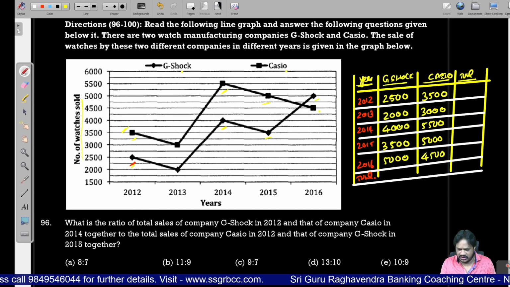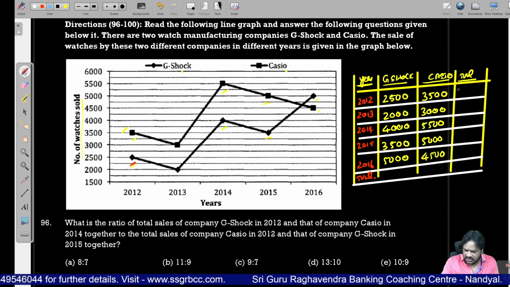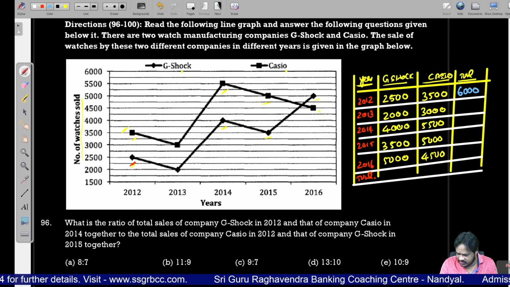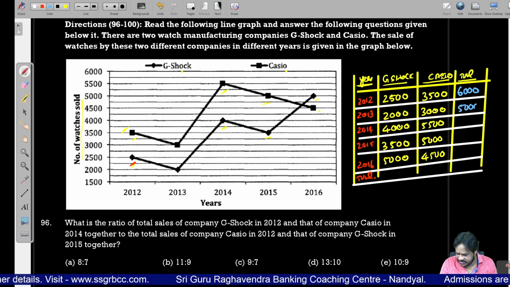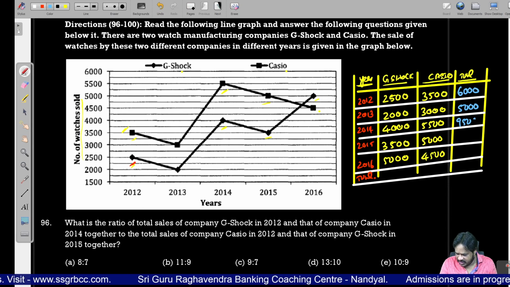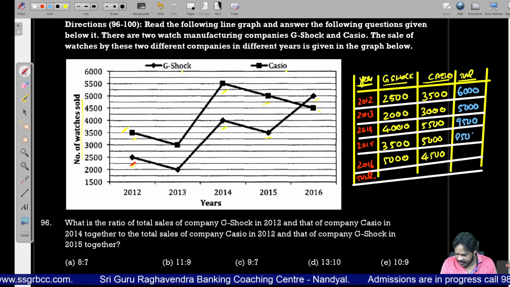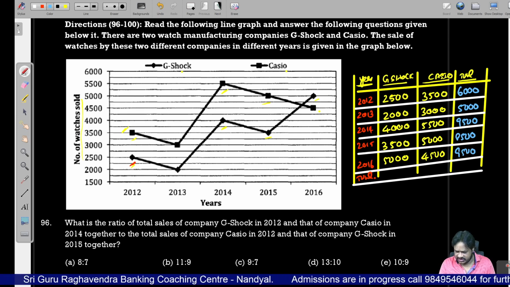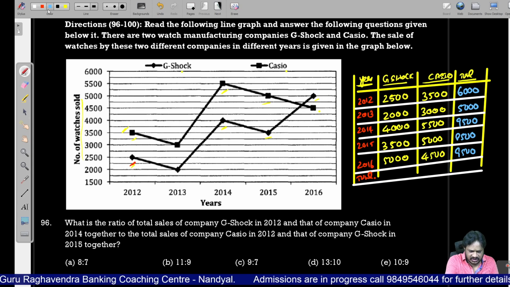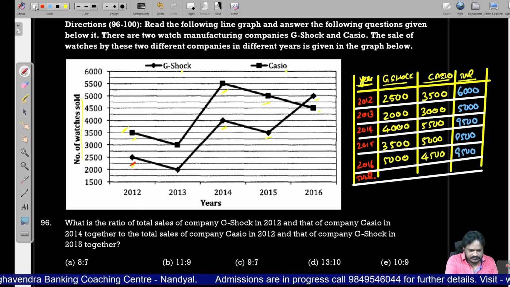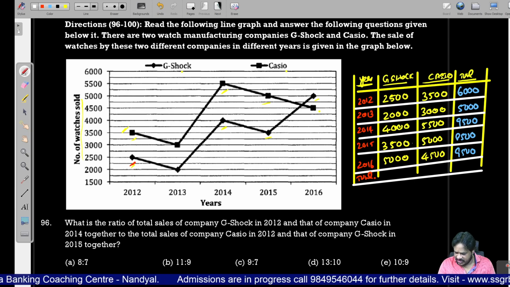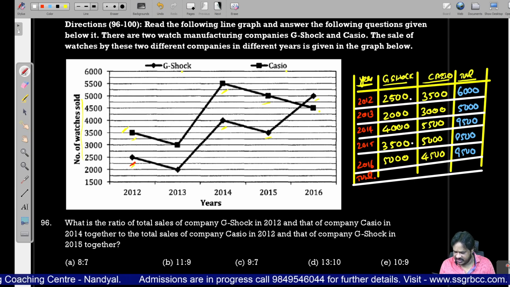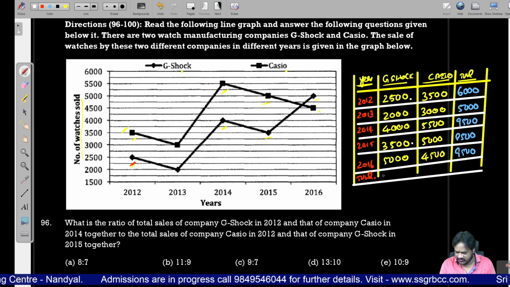You do the total. This one is 6000. This one is 5000. 9500. 8500. 9500. Now this total, let us do the vertical total. See, 3500 plus 2500 is 6000. 8 to 12, 17,000.